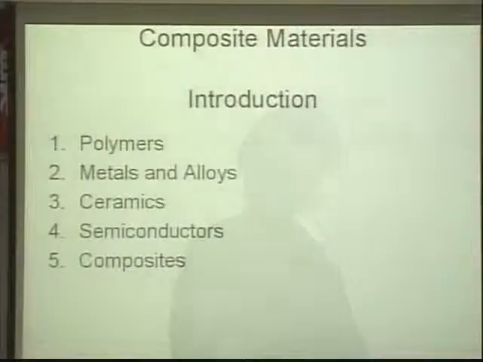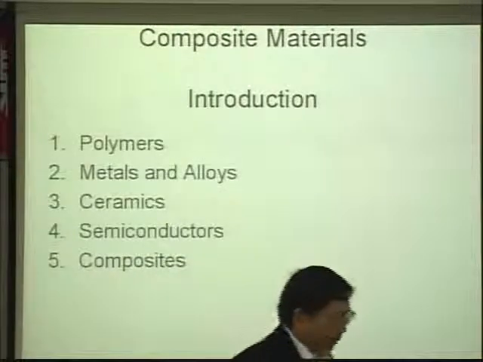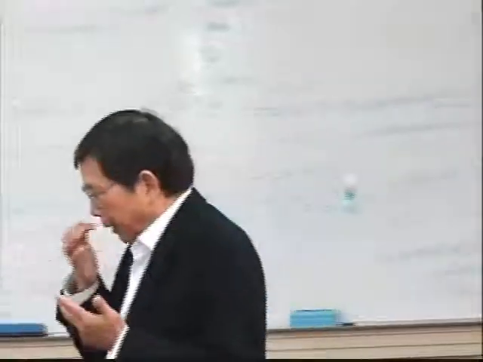In terms of metals and alloys, the characteristic of metals and alloys is they have good ductility, so you can easily make them into shapes, into sheets, reasonable strength, reasonable high temperature performance, low cost, very low cost.